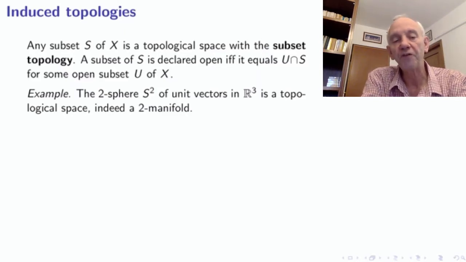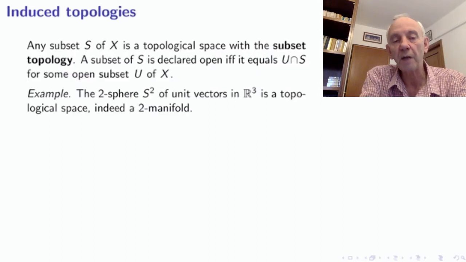So S is now a subset of X. X is a topological space. We don't know yet about S, but S is a topological space because you say that a subset of S is open if and only if it's the intersection of an open set in X with S. And that definition will satisfy the properties I mentioned earlier, and that is the so-called induced topology.